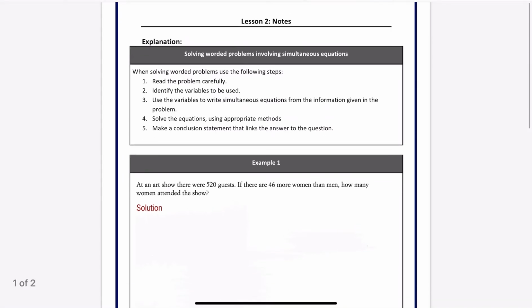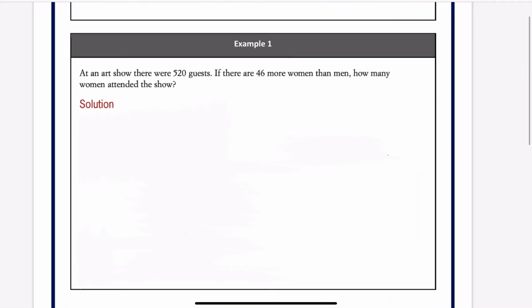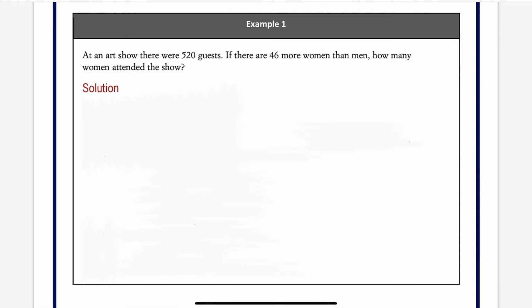In example 1, we have this question. At an art show, there were 520 guests. If there are 46 more women than men, how many women attended? Our two variables are that we don't know how many men there are, and we don't know how many women there are.